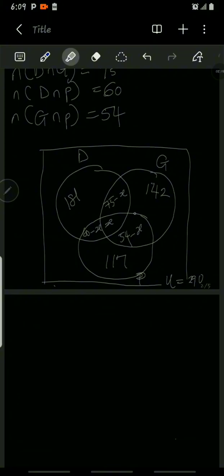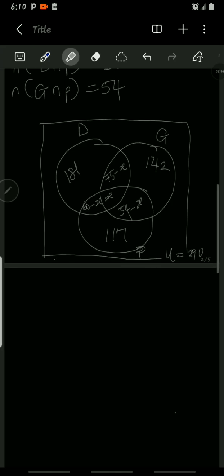Therefore these two circles have cut out of the circle for D. So to get the remnant, or the remaining part here, I have to add all these ones here and subtract it from 181. Same thing for this one. Since this is 142, I have to add everything that appears inside that circle and subtract from 142. I'll do that for all of them.